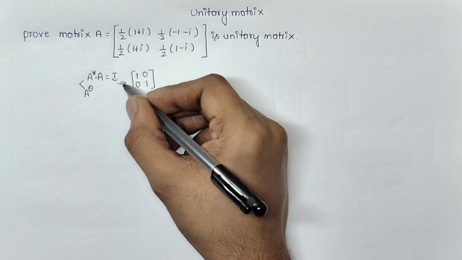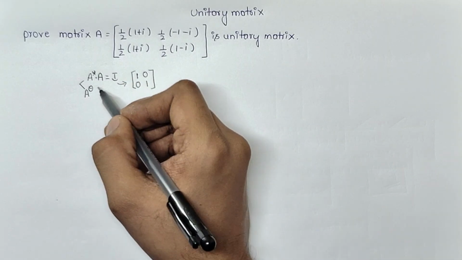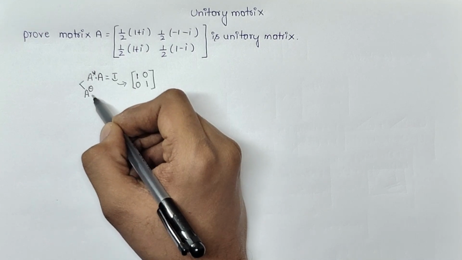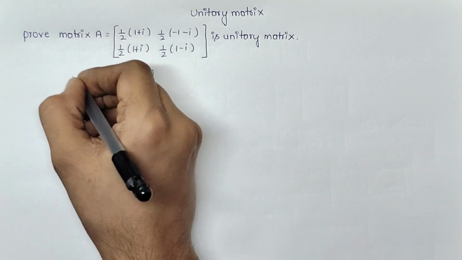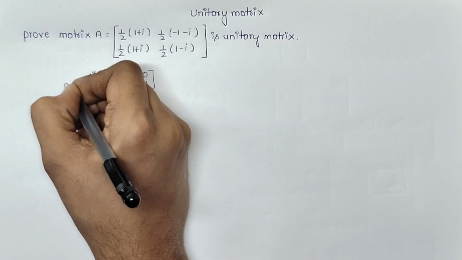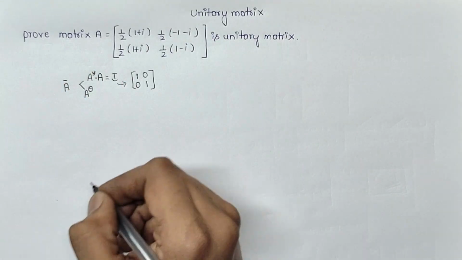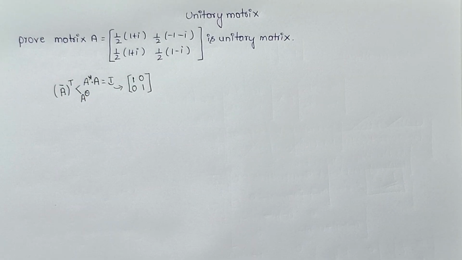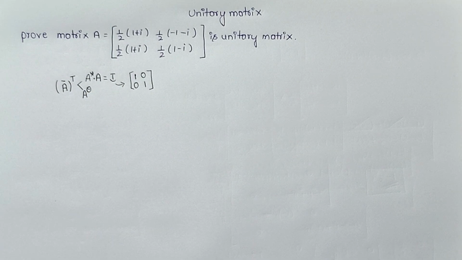Now we know the value of the identity matrix and we know the value of matrix A. But we don't know the value of A star, which can also be called A theta. So its value will be equal to, first we must make the conjugate of the given matrix A and then we must transpose it. So this will be equal to A star, or you can call it A theta.